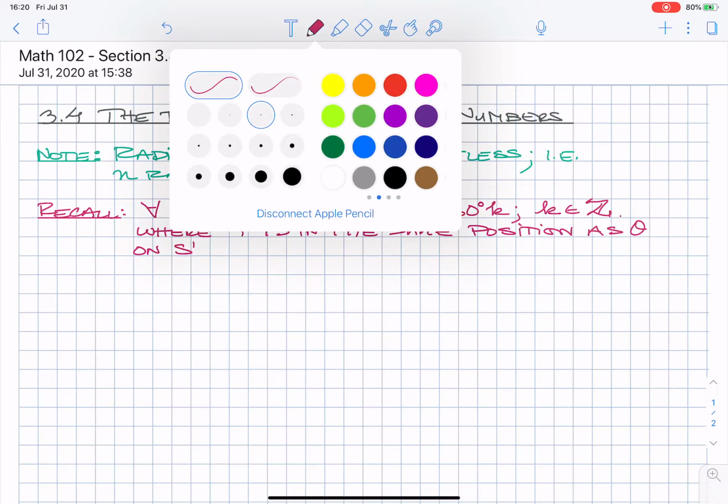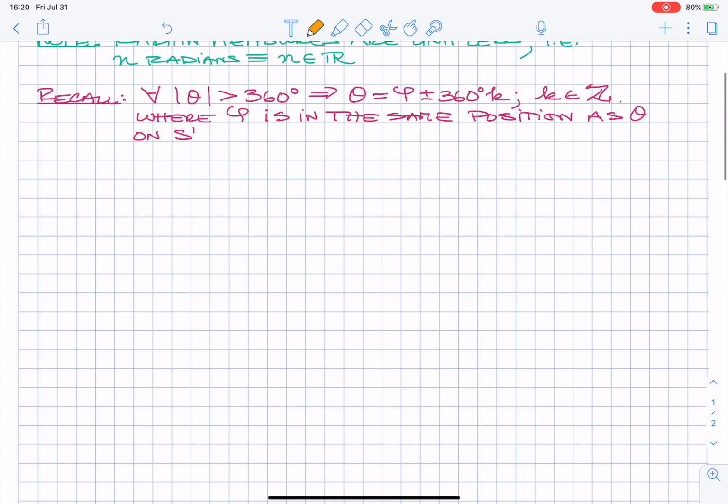Okay, so let's consider, what do I mean by this? Let's consider some angles that are greater in absolute value than 360, which is equivalent to 2 pi. Let's do 39 pi over 6.